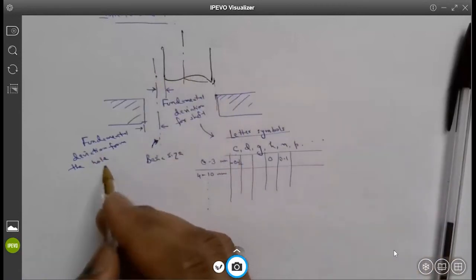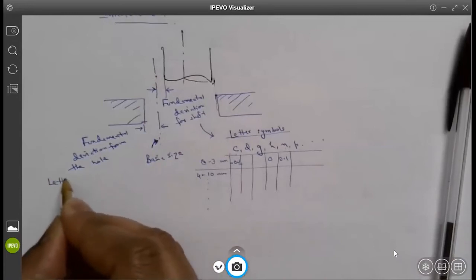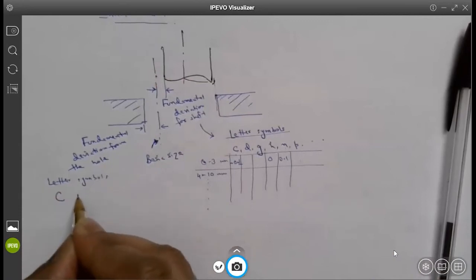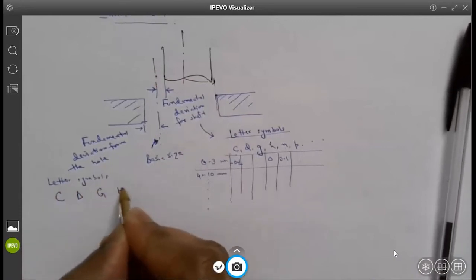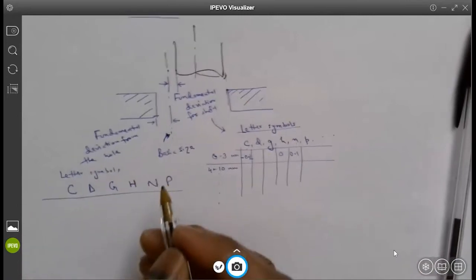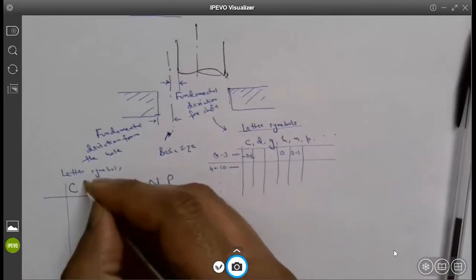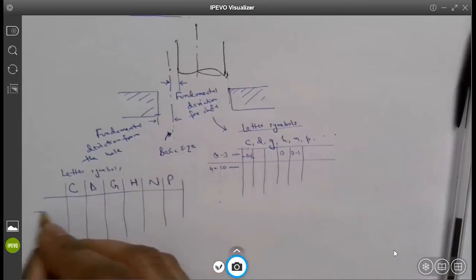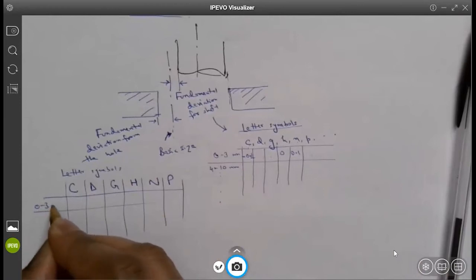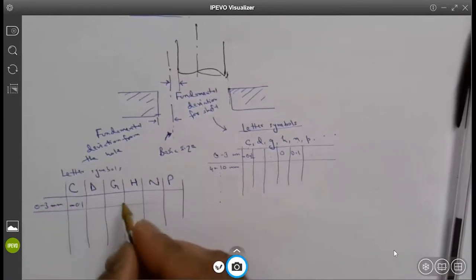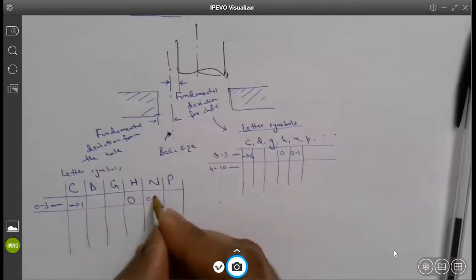For the holes, the letter symbols used are the corresponding capital letters C, D, G, H, N, P, and so on. These have the same way of referencing. So you have the size for 0 to 3 millimeters, with a specific amount of, let's say, 0.1 here, 0 for H, and 0.1 millimeter for the others.